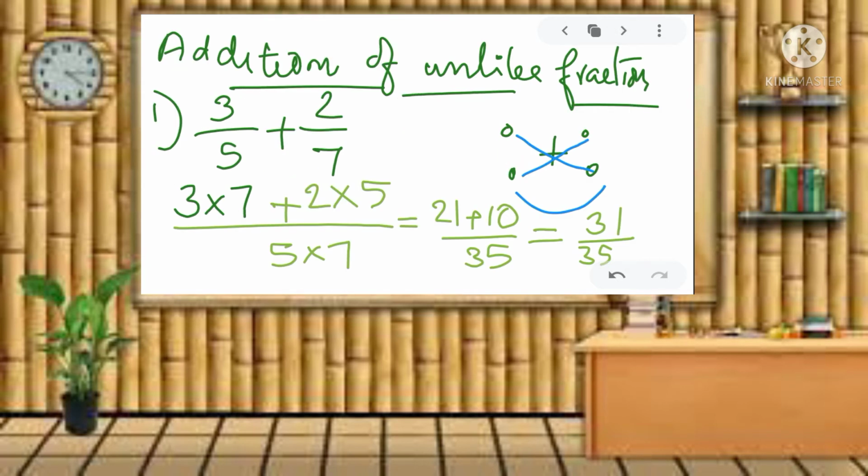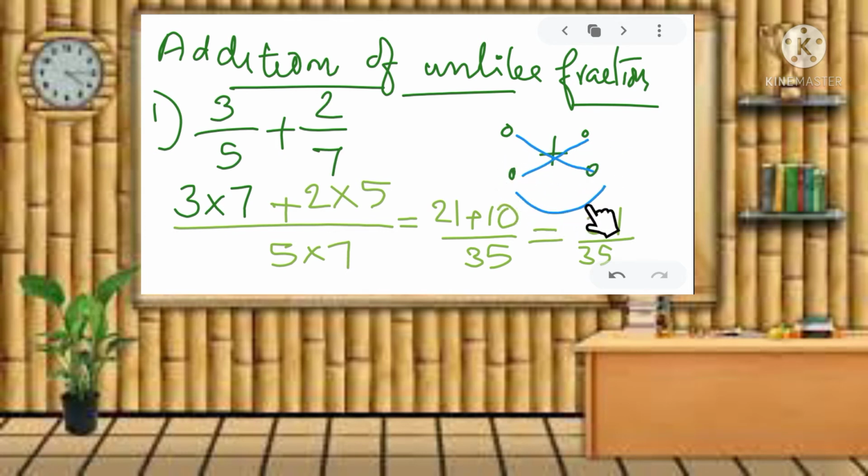Then how we can add unlike fractions? Here some more examples are there. 3 by 5 plus 2 by 7. Denominators are different. Here we want to cross multiply. Here this is a symbol. So this is a fraction. This is also a fraction. Then cross multiply it. This is the way.